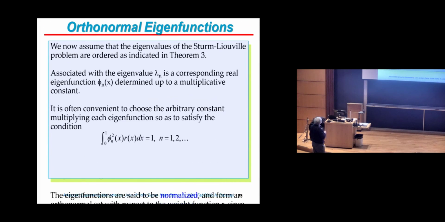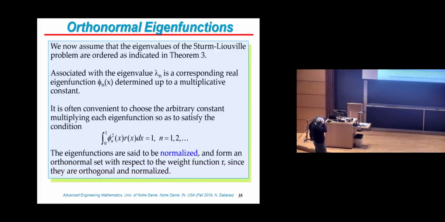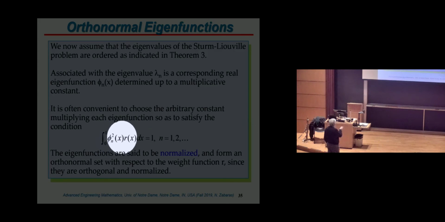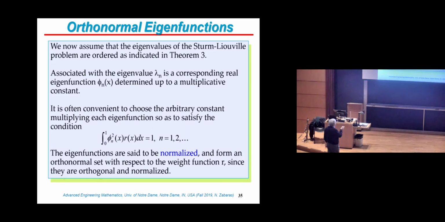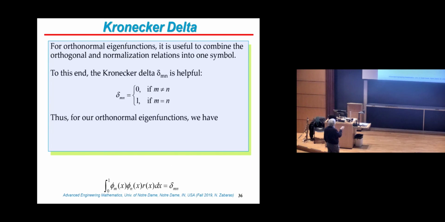All right. Now, what you would like is for these eigenfunctions to be normalized. We have magnitude equal to 1, and magnitude equal to 1 means this equation here. Okay? So let me just finish by taking those sine functions for our simple problem.